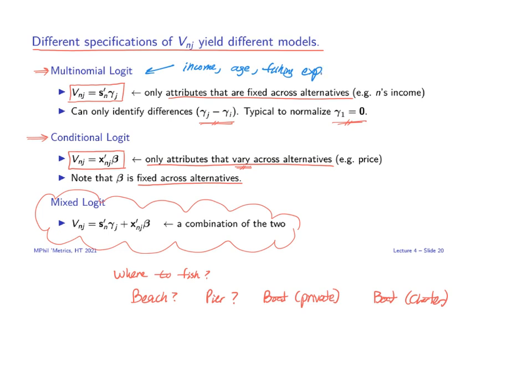In contrast, a conditional logit specification could include the price and abundance of fish for each alternative mode of fishing. Maybe Alice can go fishing at the beach for free, but she's unlikely to catch anything there, while she's much more likely to catch something on a charter boat, but she has to pay $50 to be allowed onto the boat.